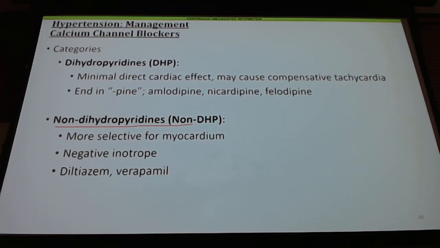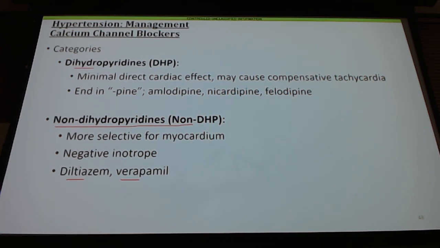Because these have more of an impact on the myocardium, particularly affecting the contractility and the rate of your heart rate. So the non-dihydropyridines, such as your diltiazem and verapamil, aren't blood pressure agents.